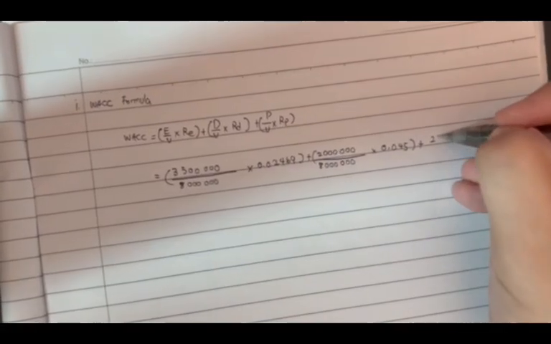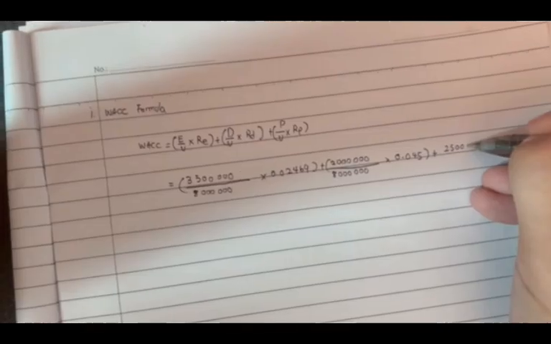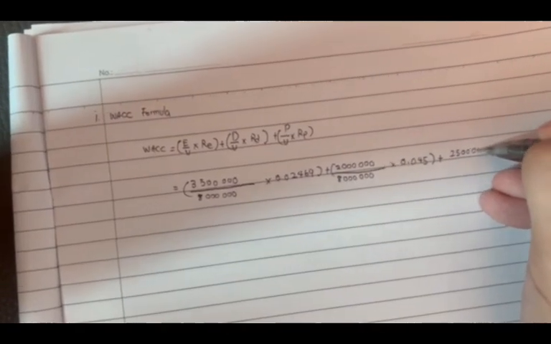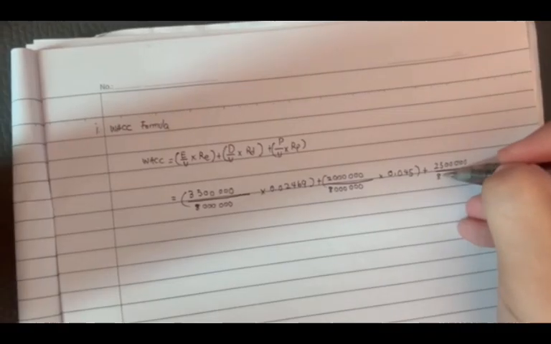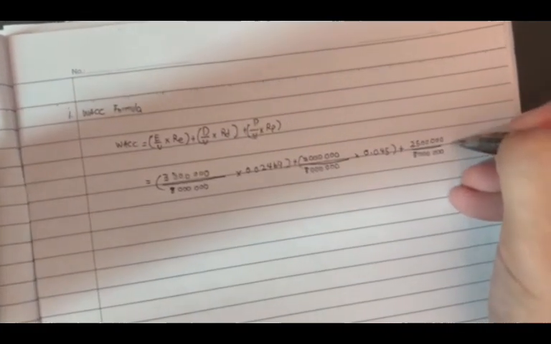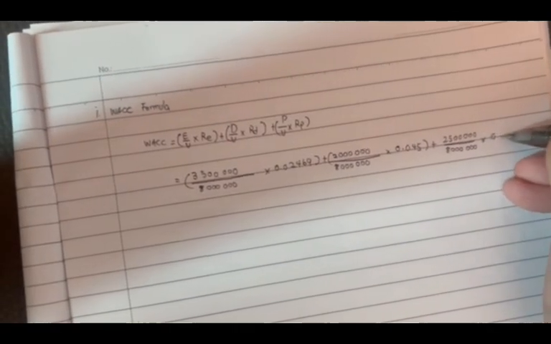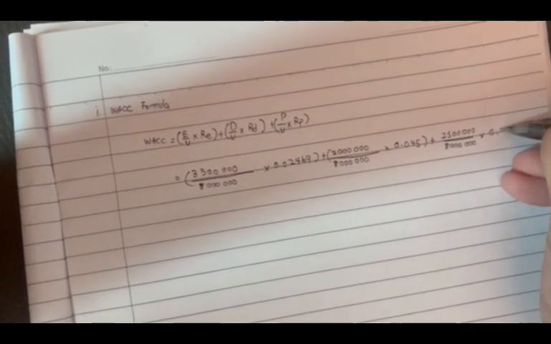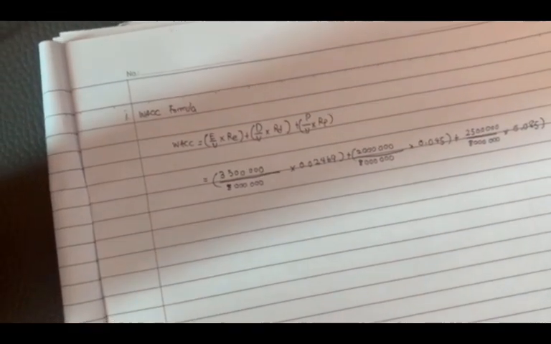P, preferred stock, 2.5 million, over V, 8 million, times RP, sorry, 0.085.